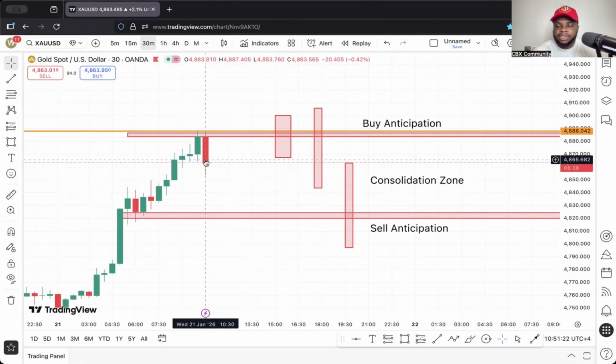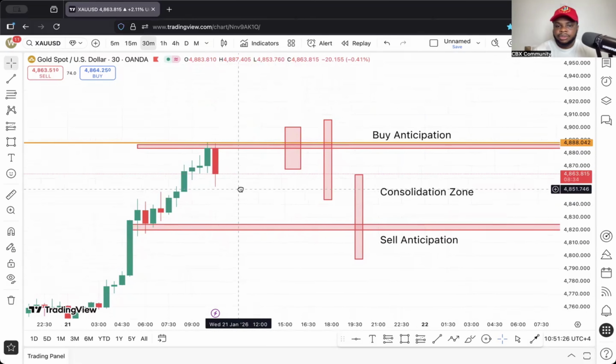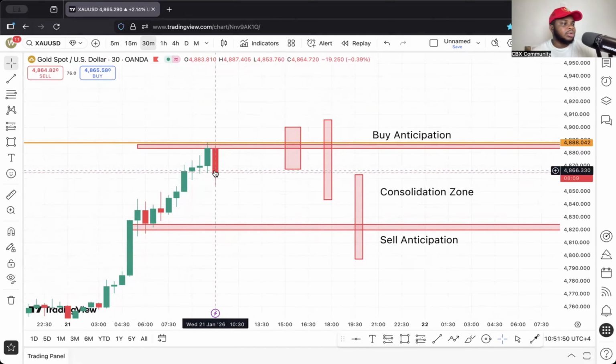So this recent 30 minutes candle is left with 8 minutes before this candle needs to close. So we don't need to do anything. Let's see how this candle will close.